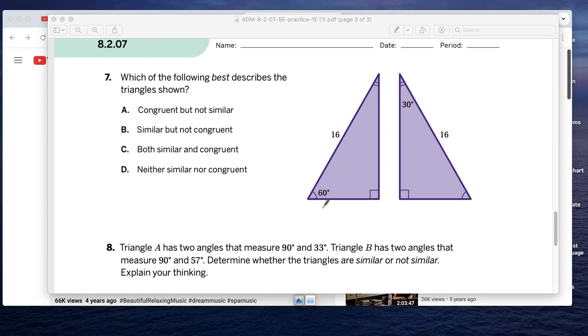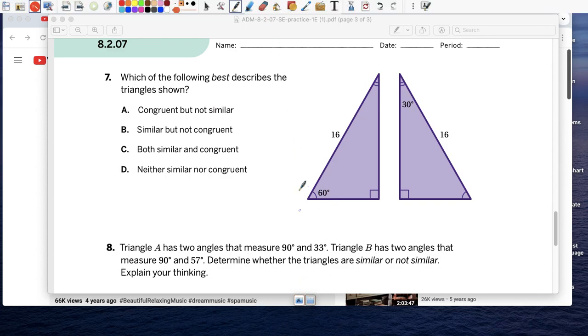All right, which of the following best describes the triangles shown? Okay, so we know these two angles are the same, so we have one angle that's the same, check. They have a symbol over here.